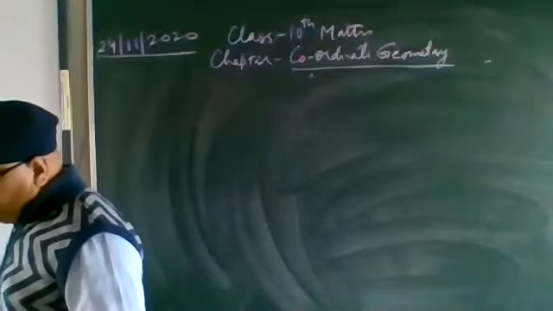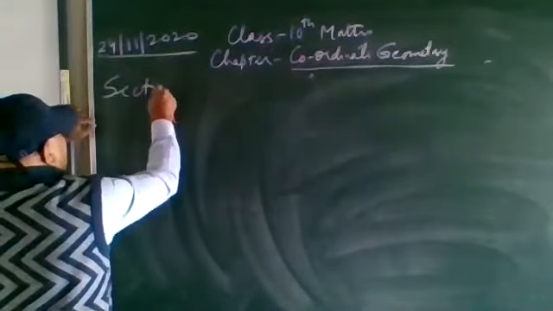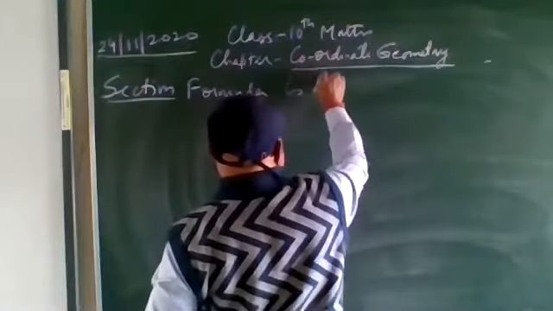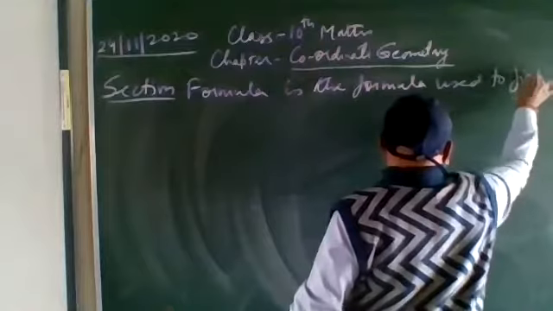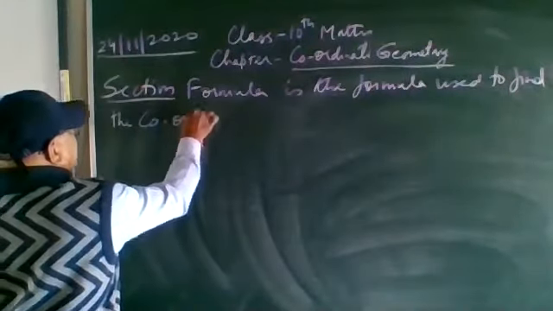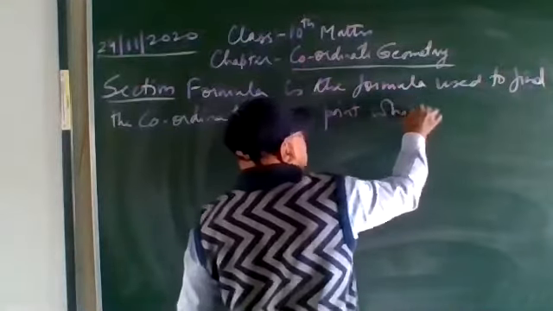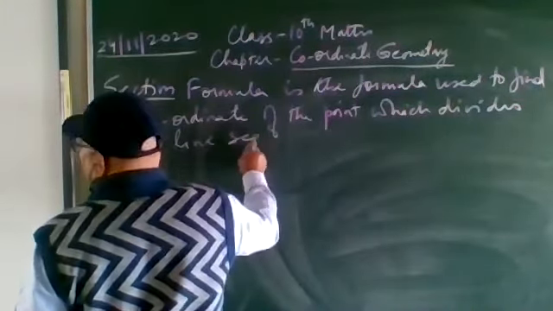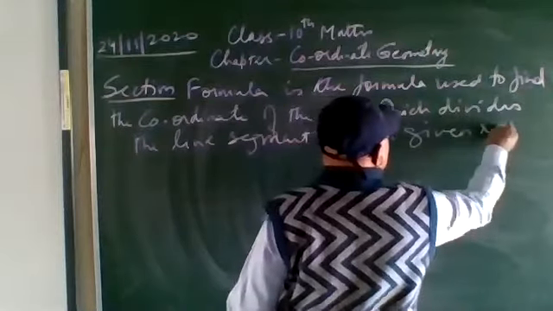Section formula is the formula used to find the coordinate of the point which divides the line segment in the given ratio.